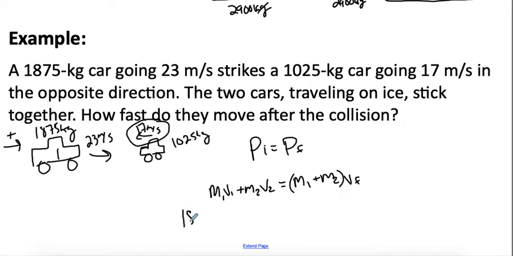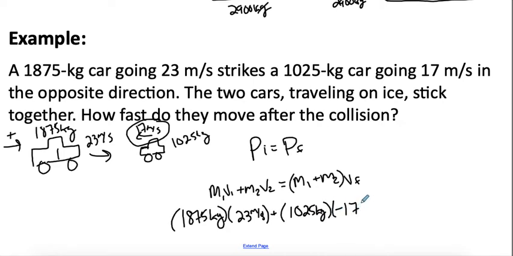So let's start throwing our numbers in here and let's see what we get. So we have car 1, which is 1875, going 23 meters per second. Car 2, which is 1,025 kilograms. And now this is the one we want negative 17 meters per second because it's going the opposite direction.